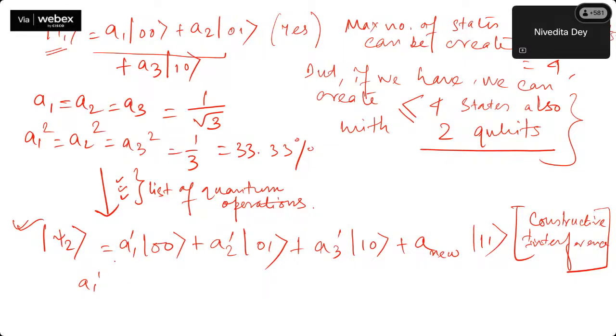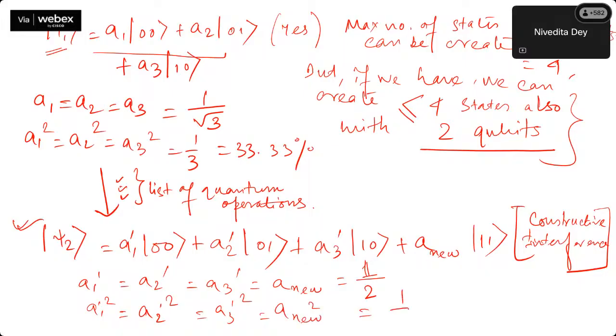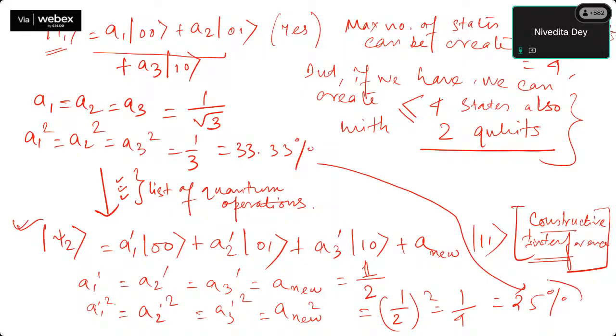And then A1 dash equals A2 dash equals A3 dash equals A new will be 1 by 2. And the probabilities will be half square, that is 1 by 4, that is 25%. So see, constructive interference actually decreases the probability from 33.33 to 25%.